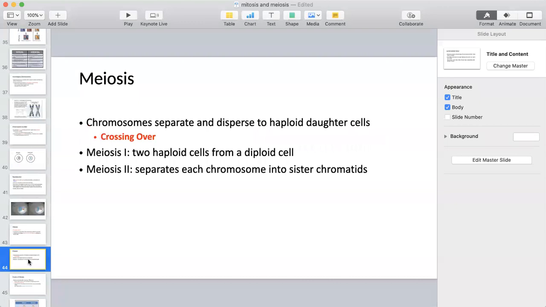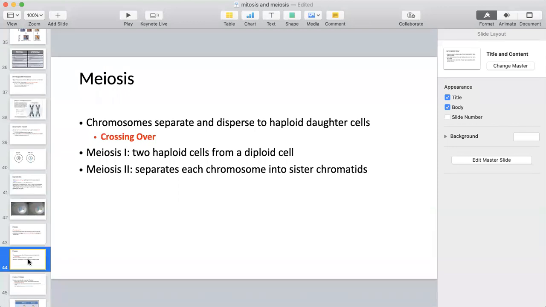Meiosis, I mentioned this process of crossing over earlier. Meiosis is the process, again, how we're generating our gametes. Sex cells are being made during meiosis. And a process known as crossing over takes place. You should go out and read a little bit about what's happening during crossing over.